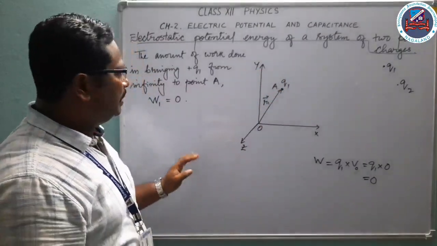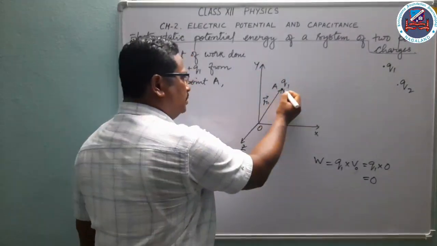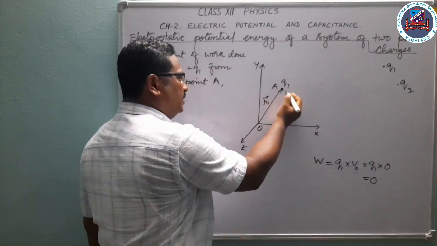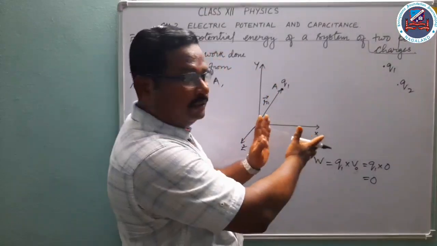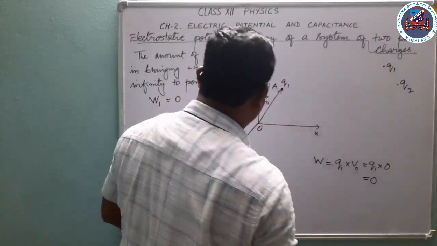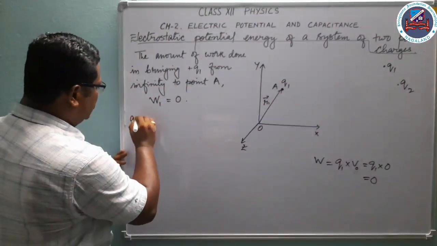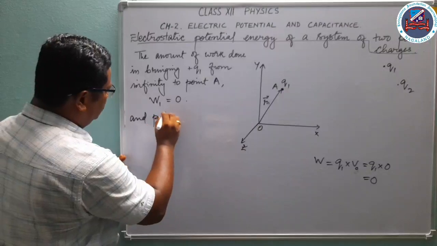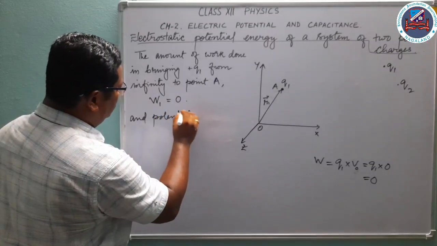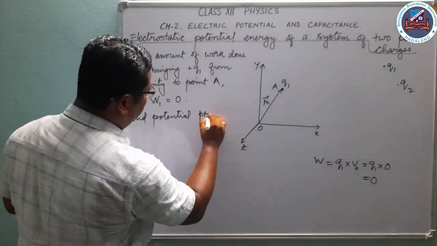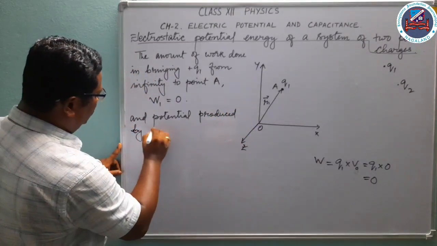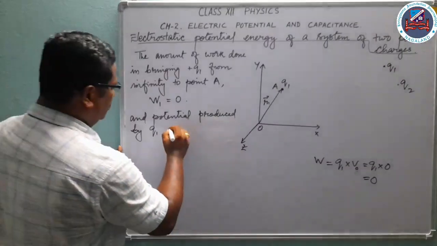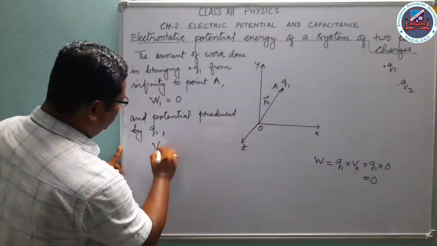But after this charge Q1 has come here, this charge Q1 will develop potential in the xy plane, and the potential produced by Q1, let us write it as V1.